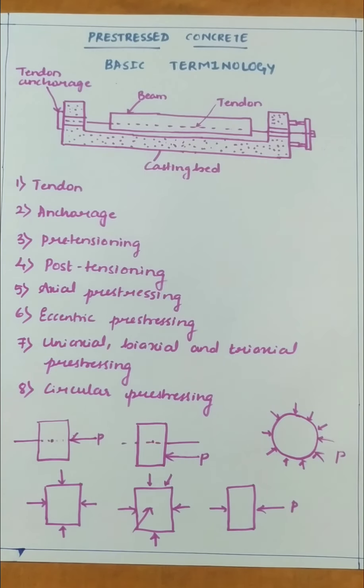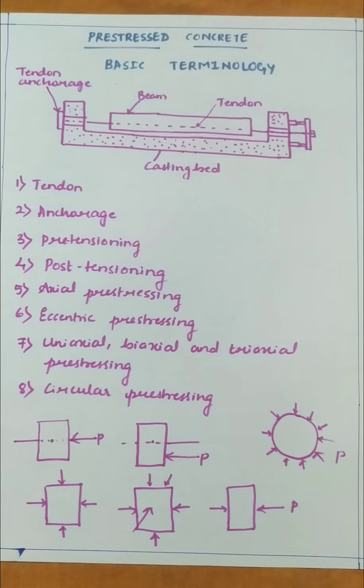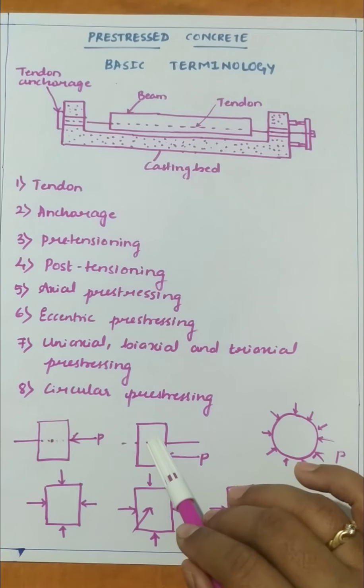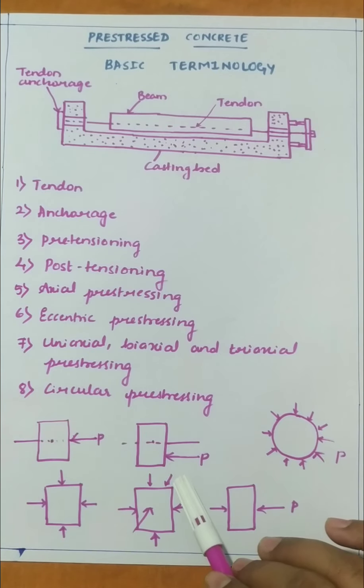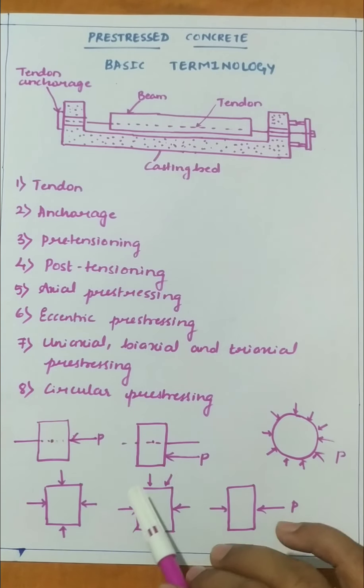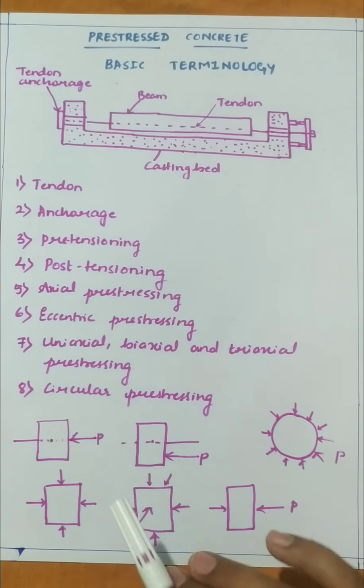Next, what is eccentric pre-stressing? It is a section in which the tendons are eccentric to the centroid. Here the centroid is at d by 2. If the pre-stressing is applied at this other point, it is eccentric, and it is called eccentric pre-stressing.